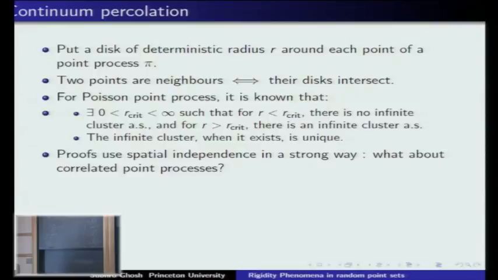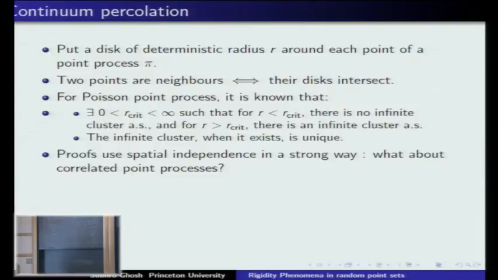Suppose this is the Poisson process, and these are roughly the contours of the two infinite clusters, and what we do is intersect this with a big disk. If R is big enough, the disk of radius R with center at the origin will intersect both infinite clusters. Now we fix the points outside, and we throw in a lot of points inside.